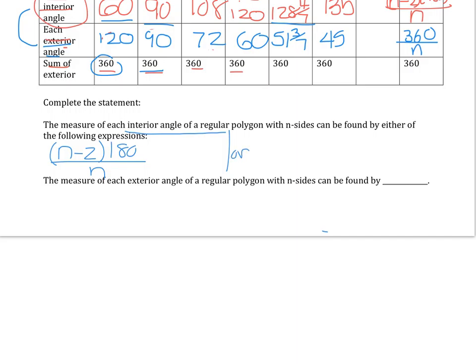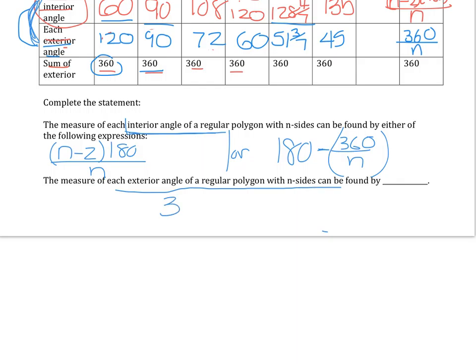Or, since these two are supplements, and we know that the exterior angle is 360 divided by n, then each interior is 180 minus that 360 divided by n. The measure of each exterior angle is always going to be 360 divided by n.